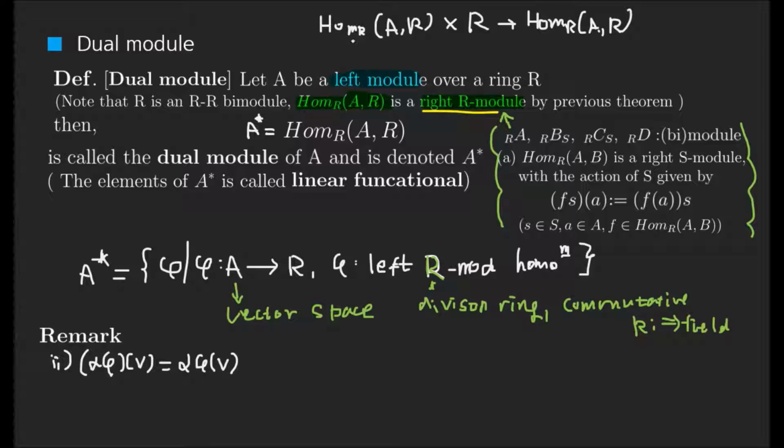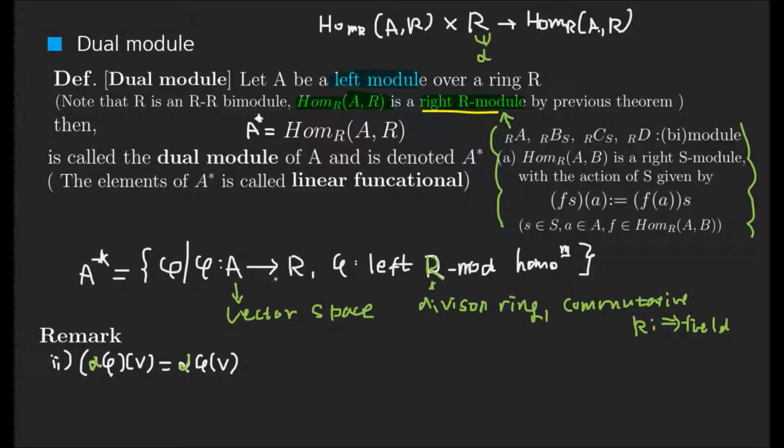But note that when considering the definition of a dual module, the scalar is on the right side, but in this case it is clearly on the left side. Why do these problems happen?